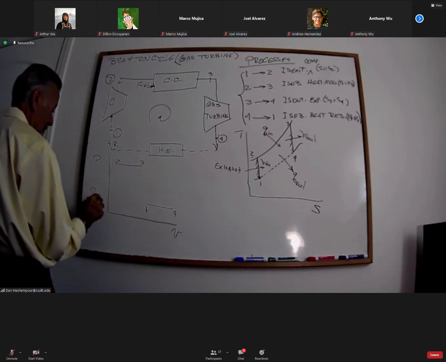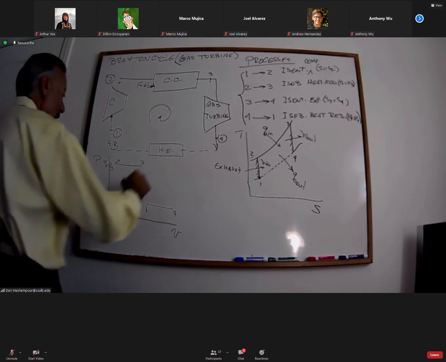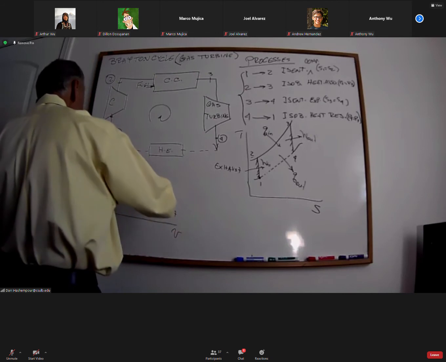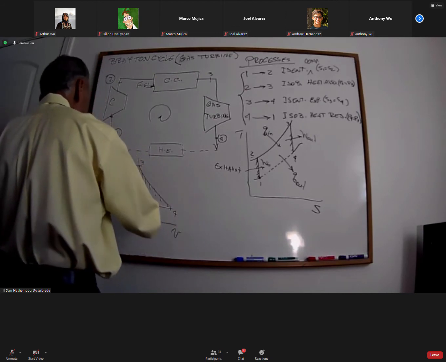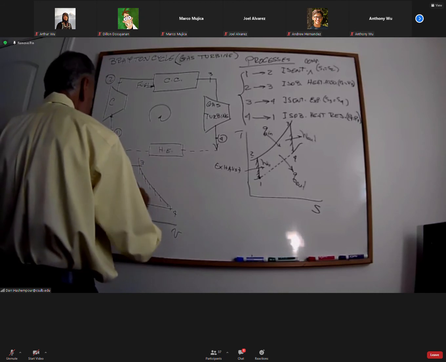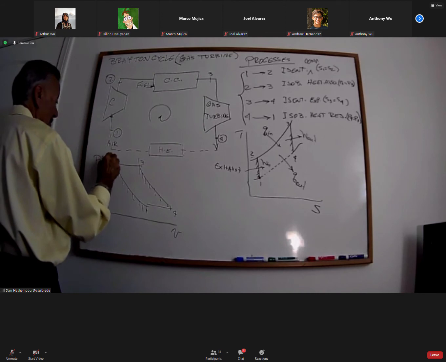P1 is equal to P4, P2 equal to P3. Now we're going to connect the isentropic parts, so we have a complete PV diagram.